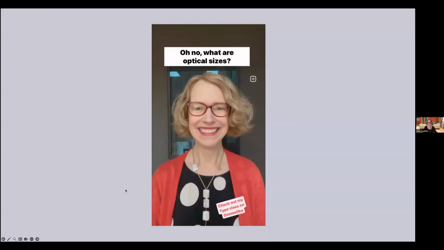Okay, so that's narrative structure. And this one is about optical sizes, which is a pretty technical topic, but really something I think people should know about. What I like about this is the way it ends.